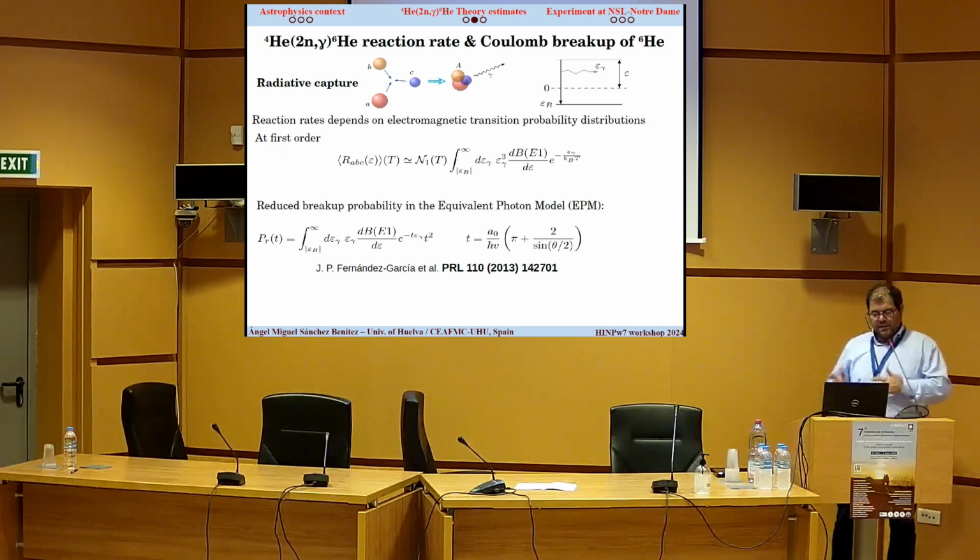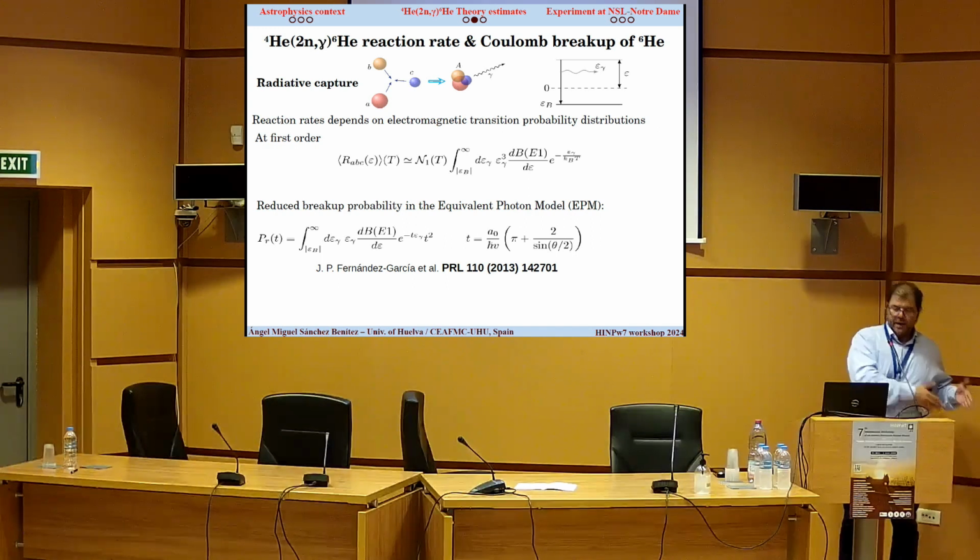So for that, we spoke with theorists. I am an experimentalist. I spoke with a theoretical group that proposed a framework to evaluate the reaction rate of this three-body reaction in an easy, feasible, measurable way, so to say, right?